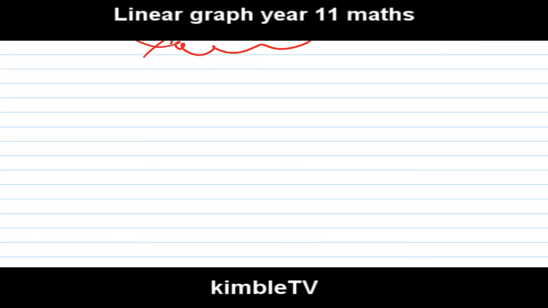I will explain it. Tan of alpha plus beta equals tan alpha plus tan beta over 1 minus tan alpha tan beta.